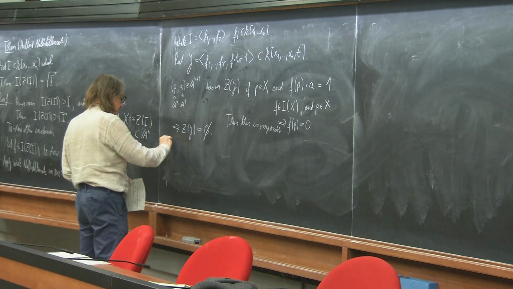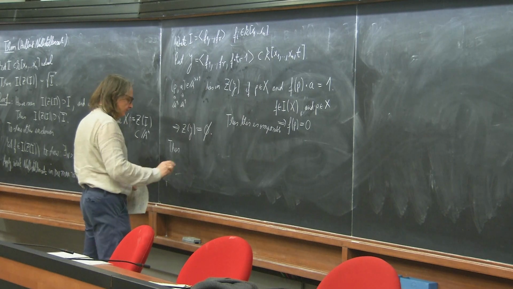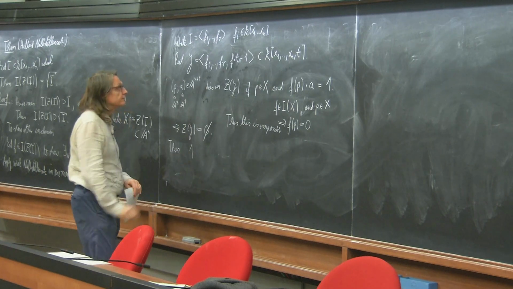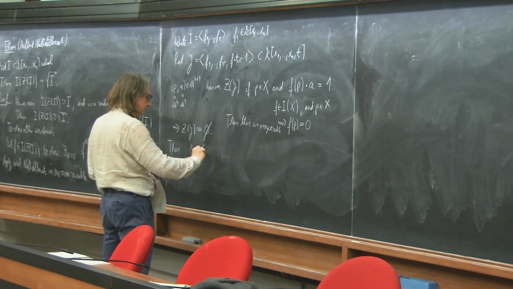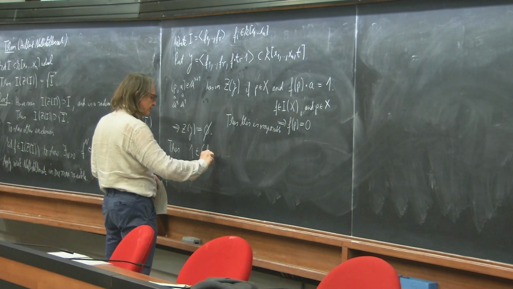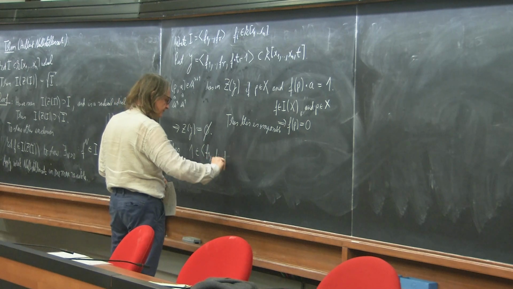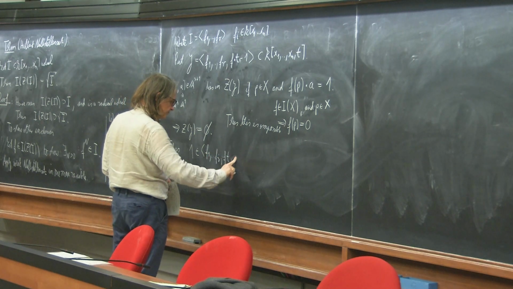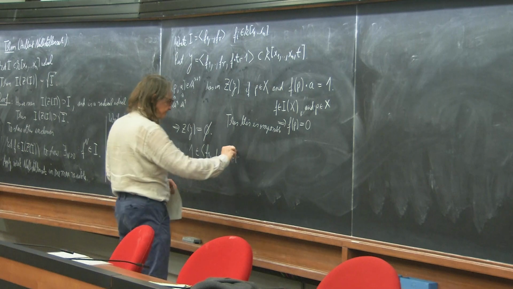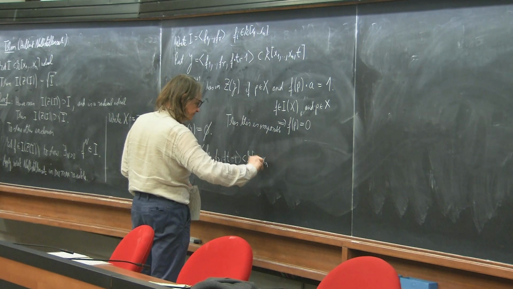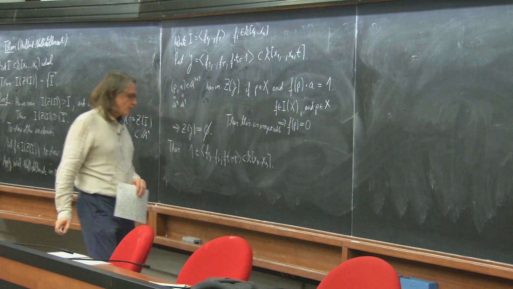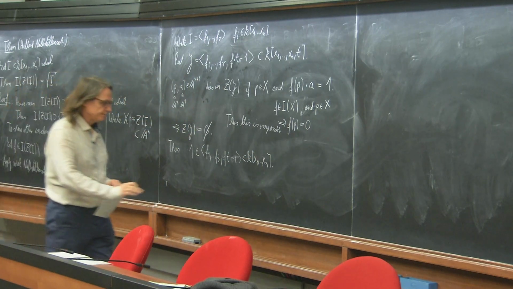So thus, 1 is an element in the ideal generated by F1 to Fr, Ft minus 1. Oh, T, obviously.